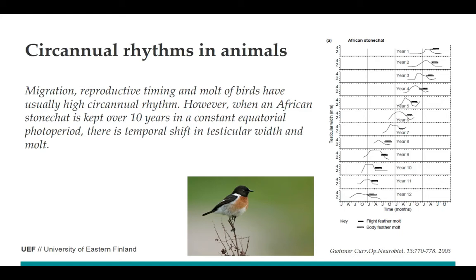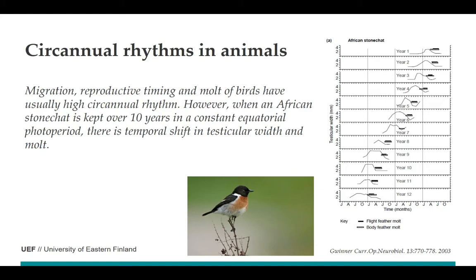And as you can see, during the first year, the testicular weight is large in January. The second year, it's again in January, but on the third year, it's before Christmas, so already in October, and so on.